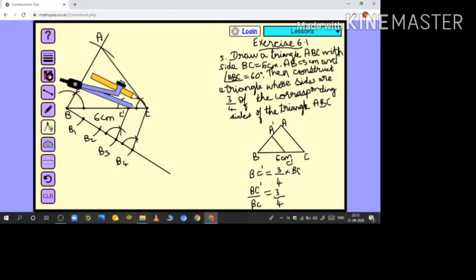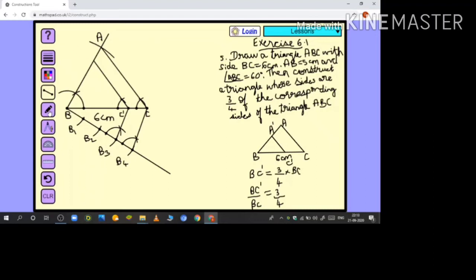Taking C dash as the center, cut the initially cut arc. Step 11. Join C dash and the point and extend the line segment to meet line AB at point A dash. The required triangle A dash B C dash is obtained.